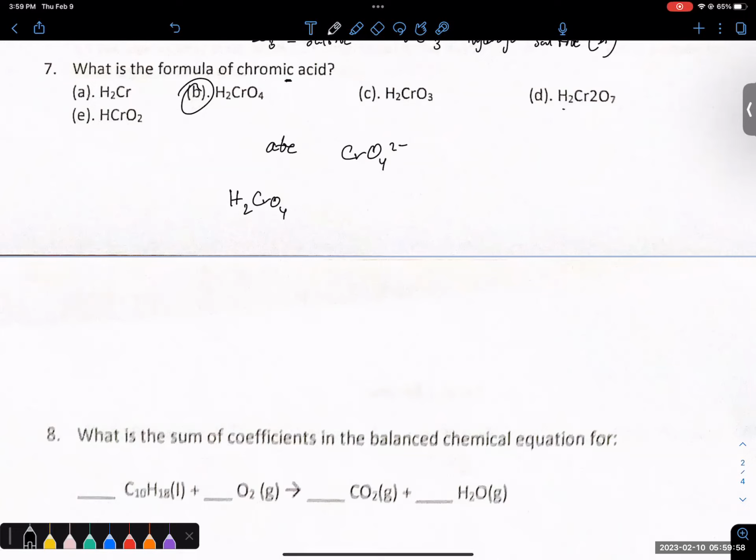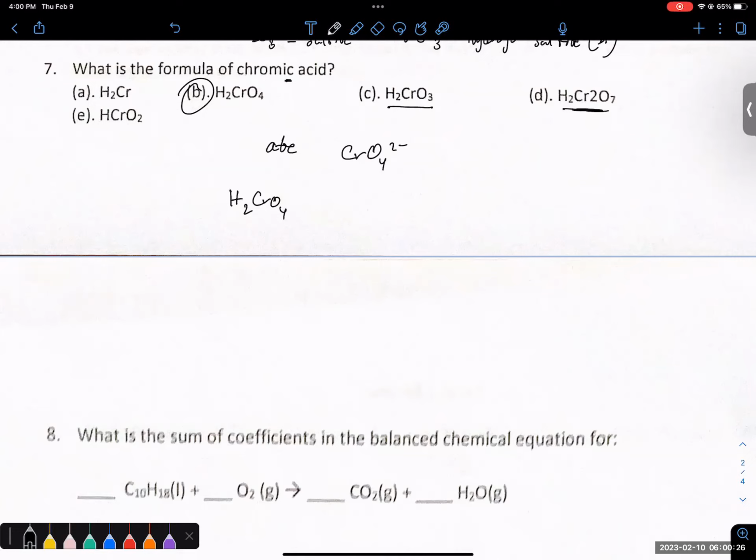What's wrong with this one? How'd you name this one? Yeah, so it would be dichromic acid. So this is a matter of just memorizing your polyatomic ions. What about this one? So what would you call the acid? Chromous acid.